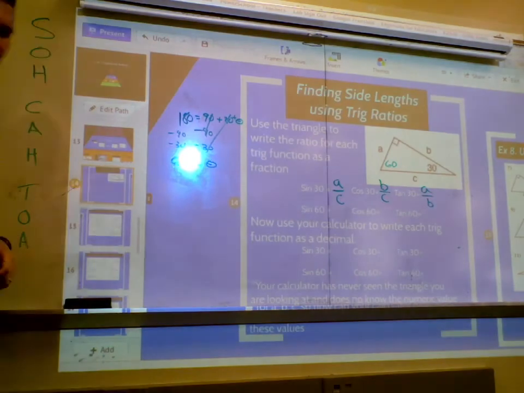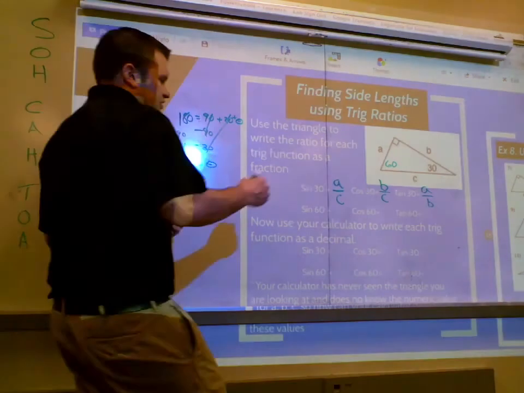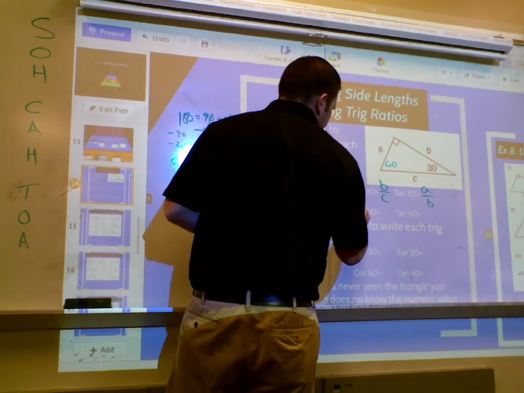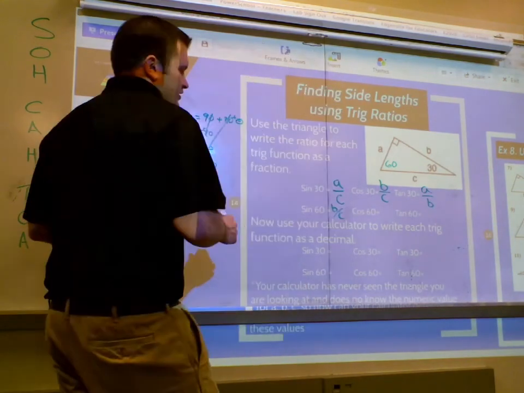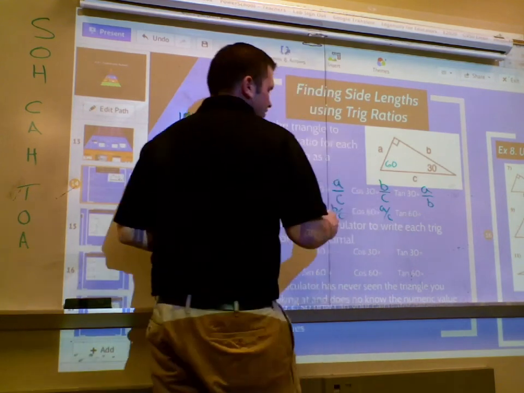Okay. So sine of 60. What's opposite 60? B. So sine of 60 is B over C. What about cosine 60? A over C. And tangent of 60?